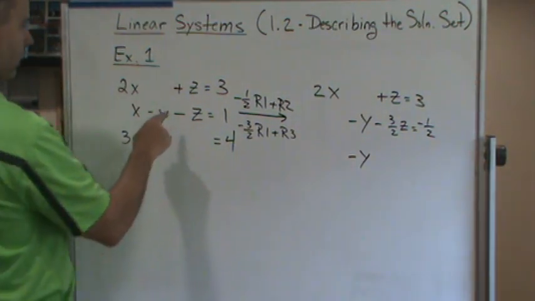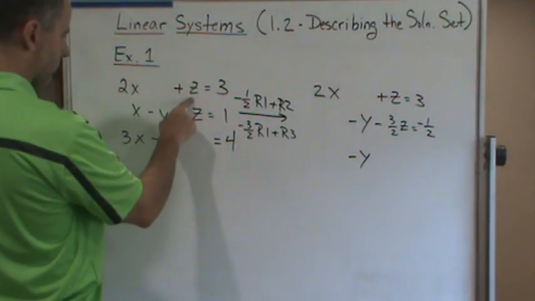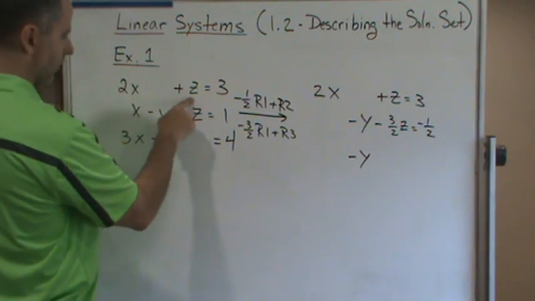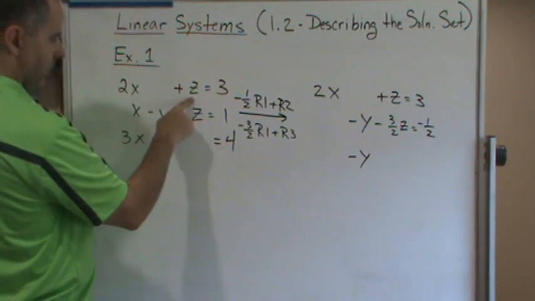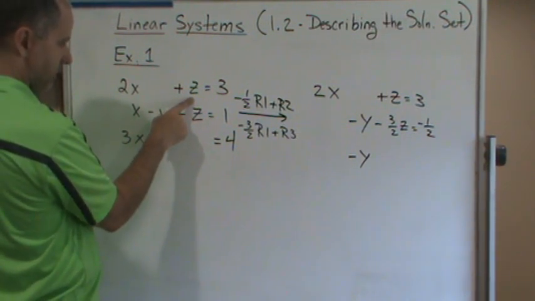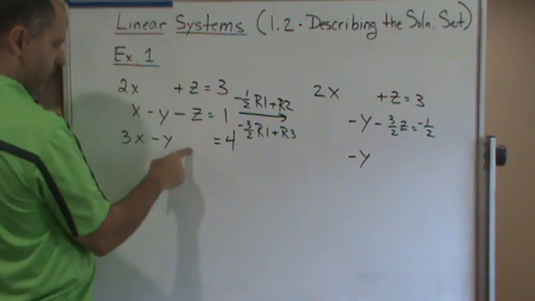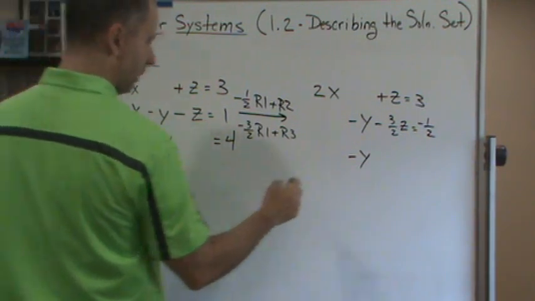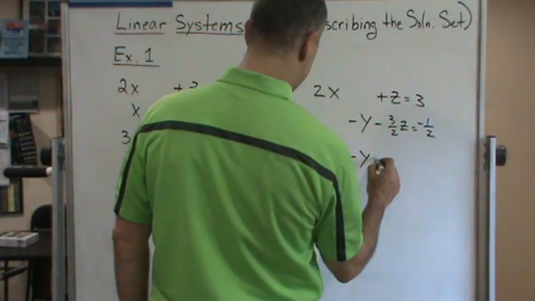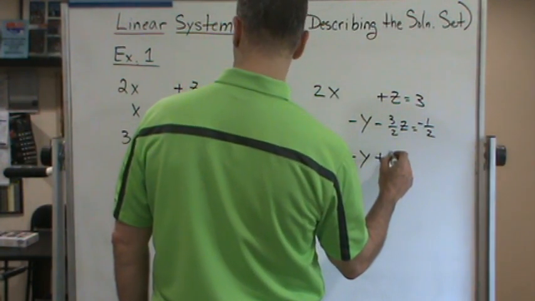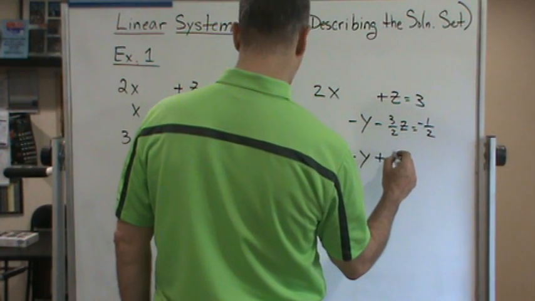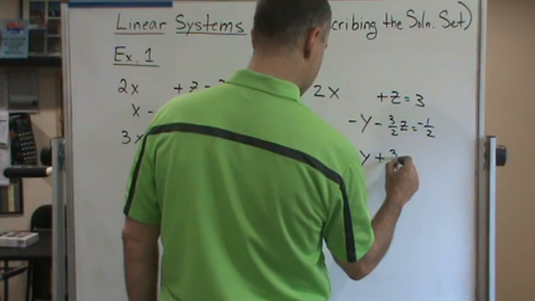And then here, what do we get? We get negative 3/2 z plus 0, which is going to be 3/2 z. So it's going to be plus 3/2 z.